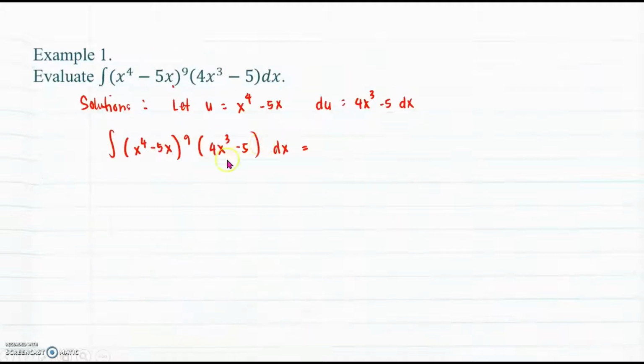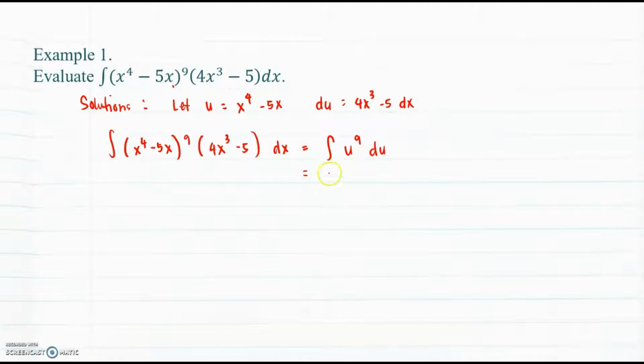Therefore, in our example, the indefinite integral of the quantity x to the 4 minus 5x raised to 9, whose derivative is 4x cubed minus 5, with respect to x, is just equal to the indefinite integral of u raised to 9 with respect to u. Now here, we can apply the general power rule.